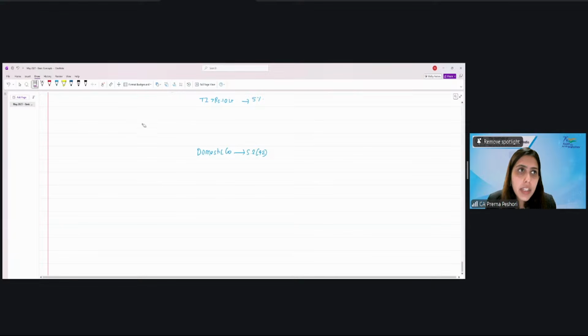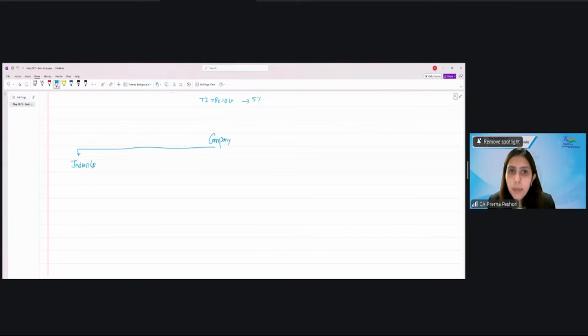Or let me make a table for you so that you're able to relate it or revise it very clearly. There are different types of company. One is the Indian company. A company itself is defined under section 2(17) of the Income Tax Act. So, what does a company mean?